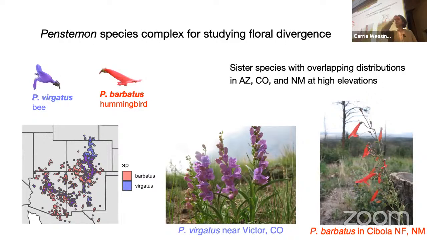They're sister species. They're pollinated by different pollinators, and they show divergent floral adaptations. They have overlapping distributions in the Southern Rockies and in the Sky Islands of Arizona and New Mexico. In some places, they can occur sympatrically.